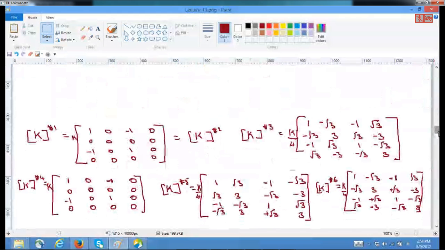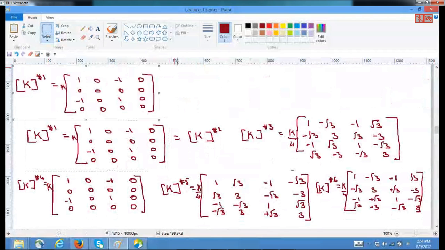So to make the completion, let me just state like this. My K1 is this one, and my K2 is same, so I can write this as K2, K1 and K2 are same, and my K3.